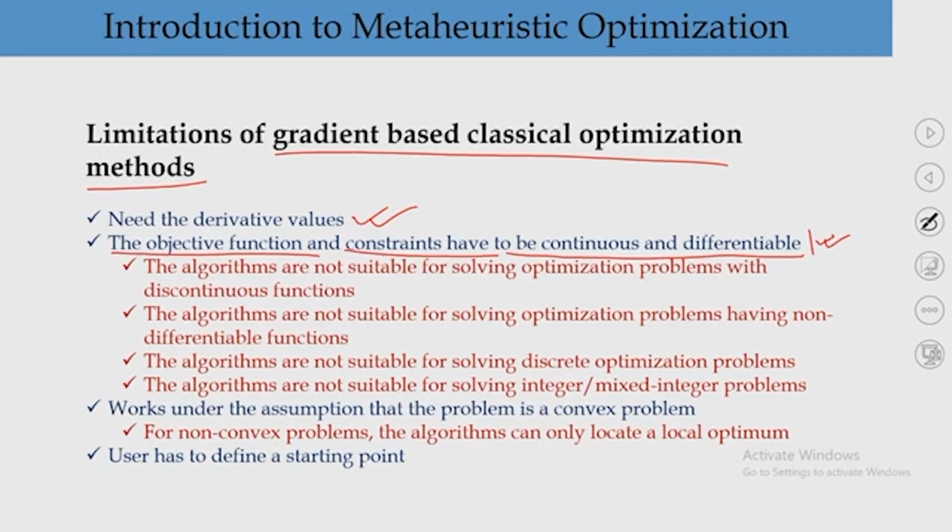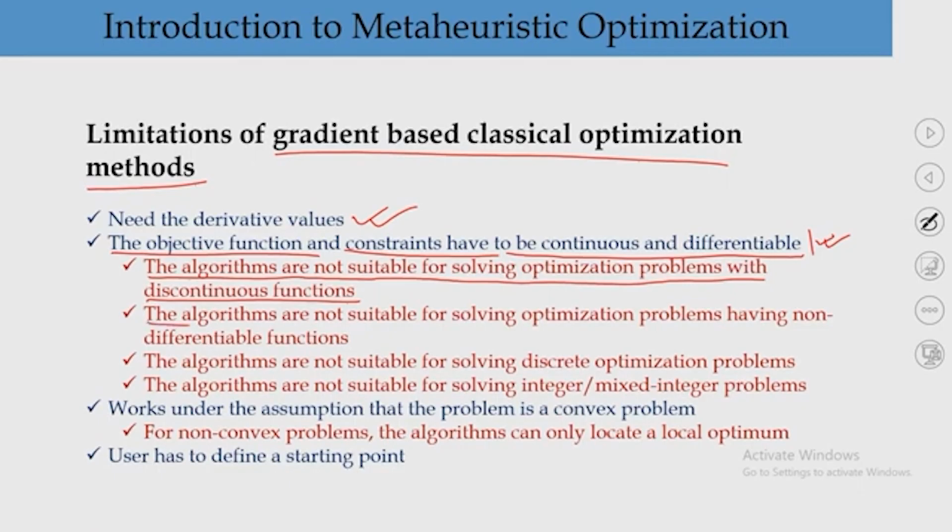So, then what are the limitations? The limitations are the algorithms are not suitable for solving optimization problems with discontinuous function. So, now if your function is discontinuous, okay, it is not a continuous function, you will not be able to apply these algorithms. So, this is one limitation.